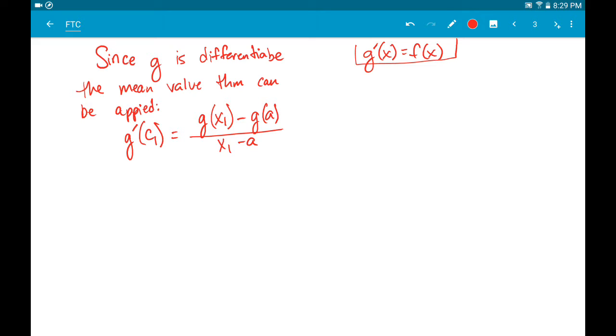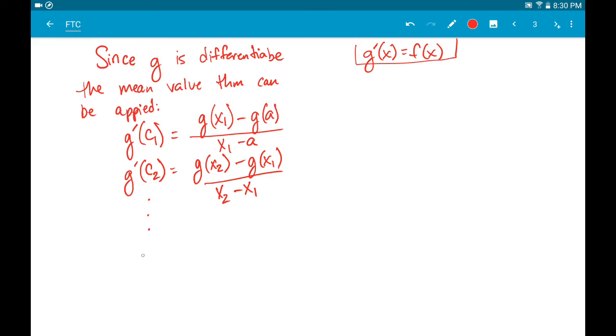And if we slide over to the next rectangle, our next c value would be the slope between x2 and x1 over x2 minus x1. And if I did g prime of c3, I'd have x3 minus x1.